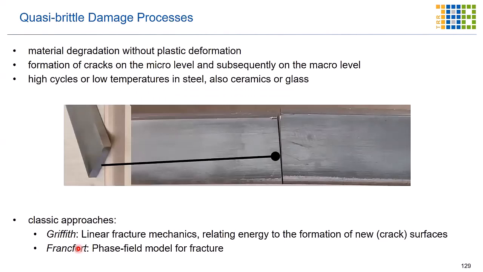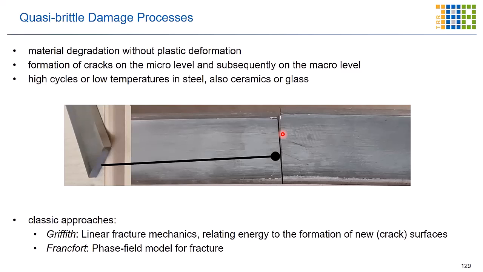Quasi-brittle damage then usually is associated without plastic deformation, so you see quite a straight crack here, but no necking, no plastic deformation inside. So that is understood to happen often in terms of cracks on the micro level and then on the macroscopic level.